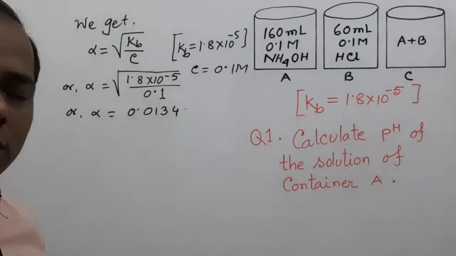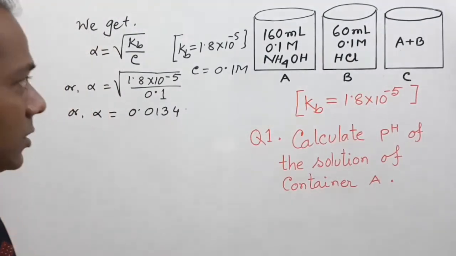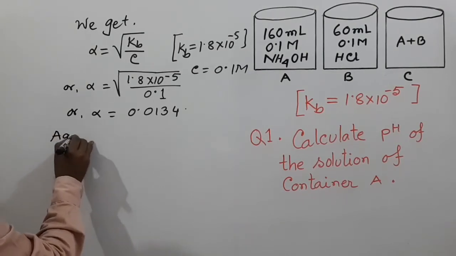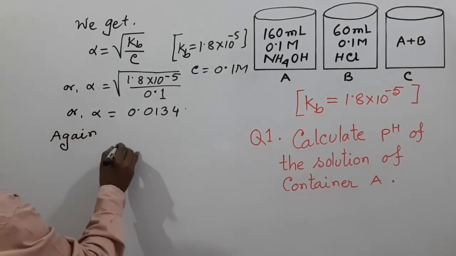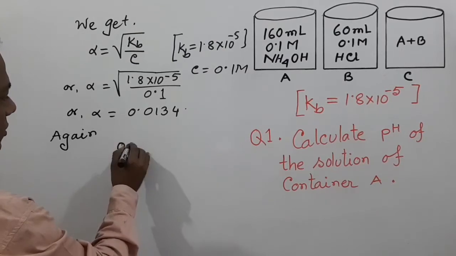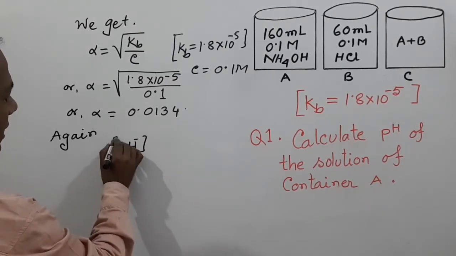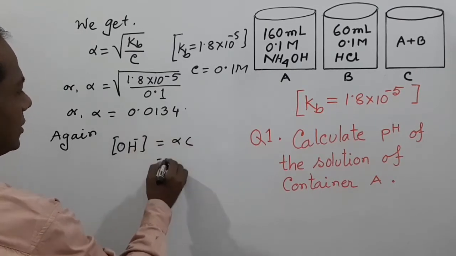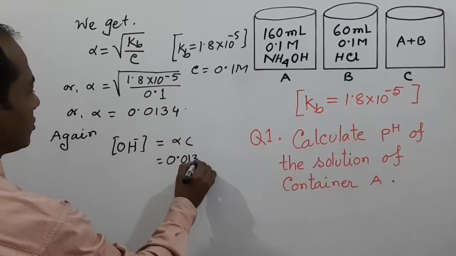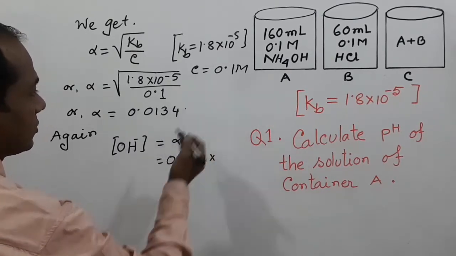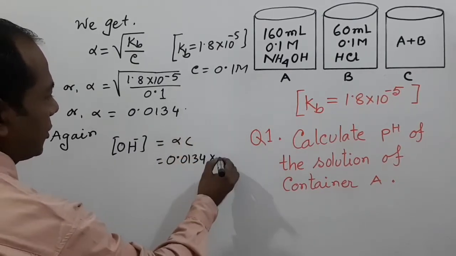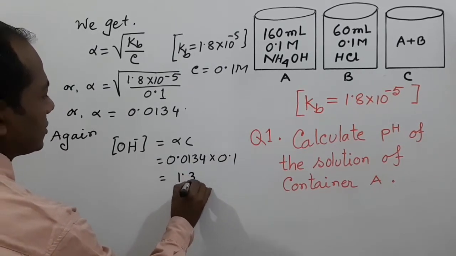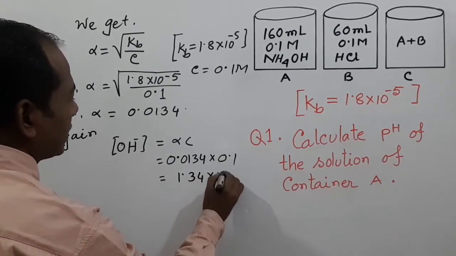For a weak base, the molar concentration of hydroxyl ion is alpha C. So it equals 0.0134 into the given concentration, 0.1, and we get 1.34 into 10 to the power minus 3.